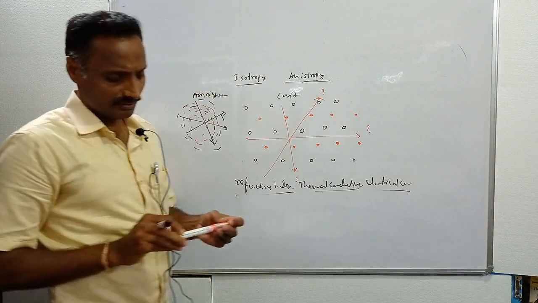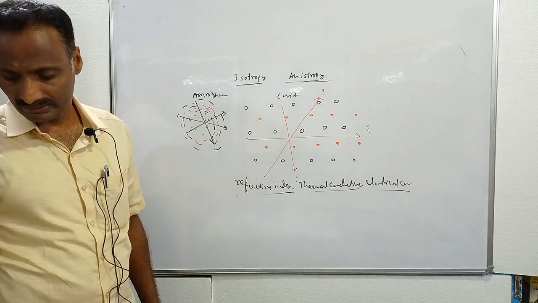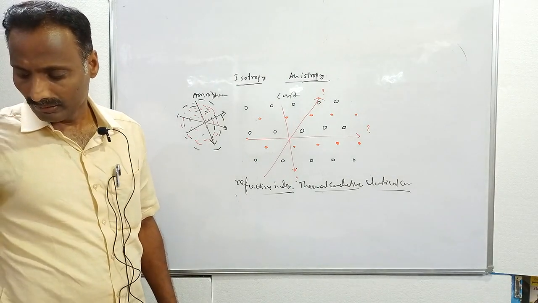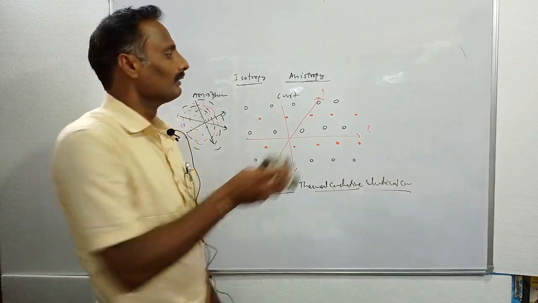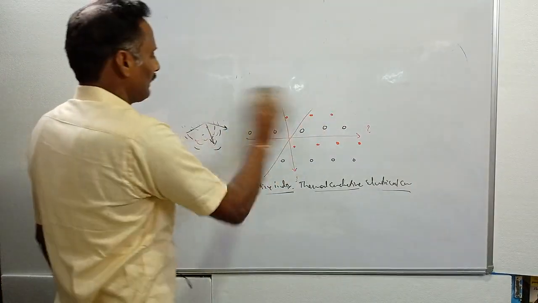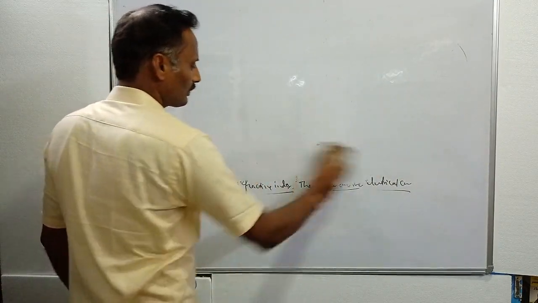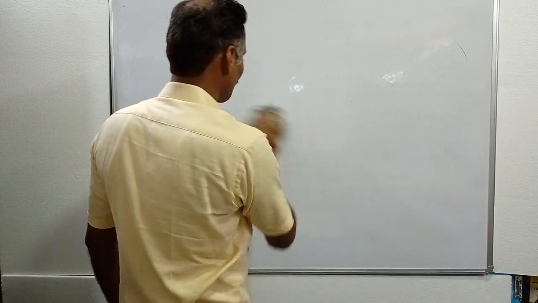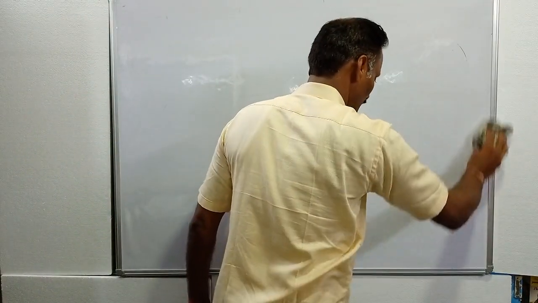Then coming to one more topic regarding solid materials, called crystal lattice and unit cells. You have different types of crystal lattices and unit cells. What is a crystal lattice and what are unit cells? You will come across different types of unit cells, different types of Bravais lattices, and also primitive unit cells.